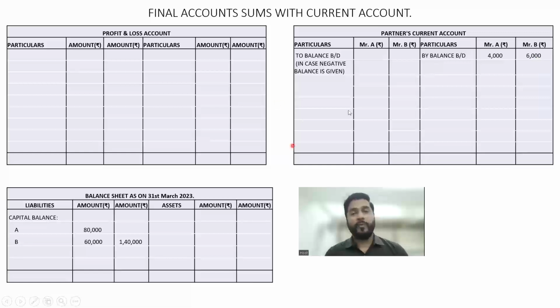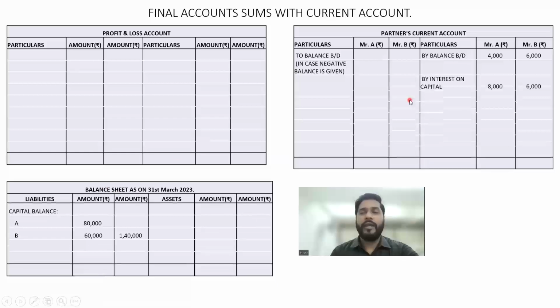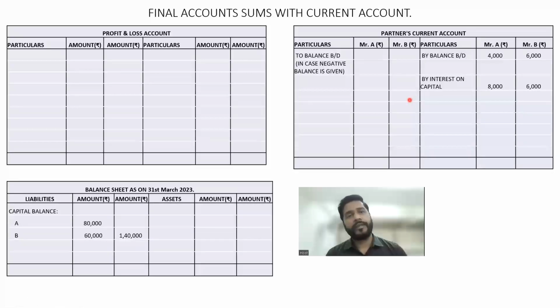Now, a few adjustments affect the current account, profit and loss account, as well as the balance sheet. We'll check. Number one, interest on capital. If interest on capital is given as an adjustment, the percentage interest is always given. So the rate of IOC is normally given.